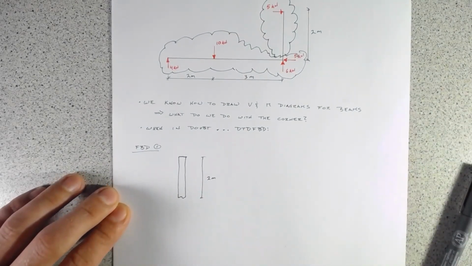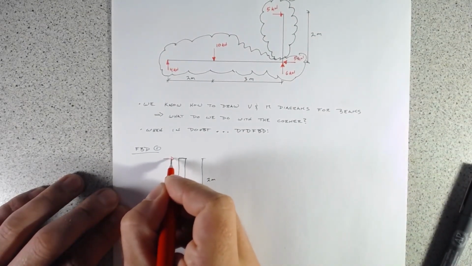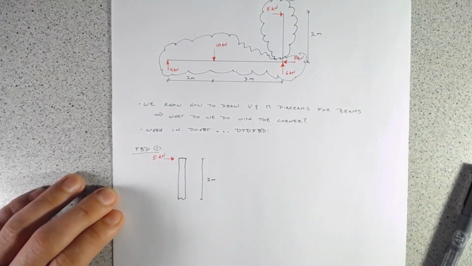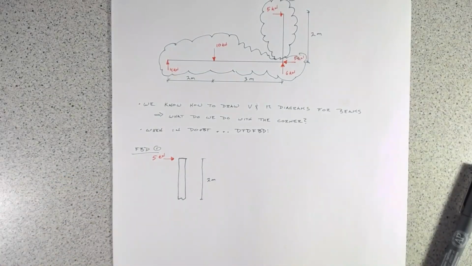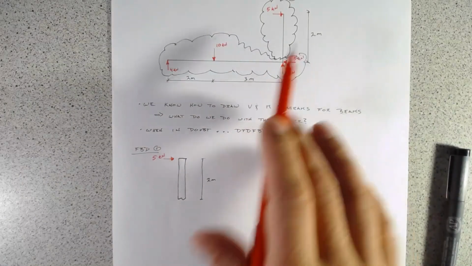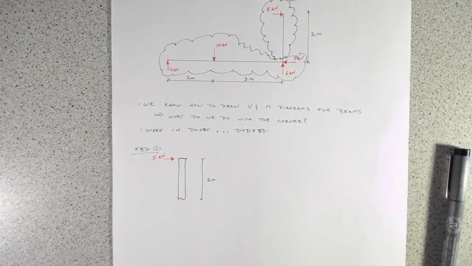Let's put on, so we know there's an external force of 5 kilonewtons here. And then when we make a cut, we expose the internal forces. As I said, just like if you're analyzing a truss with method of sections or method of joints, this free body cut through an element will expose whatever forces are internal, and then because everything has to be in static equilibrium, those internal forces need to be in equilibrium with any external forces acting on that element.